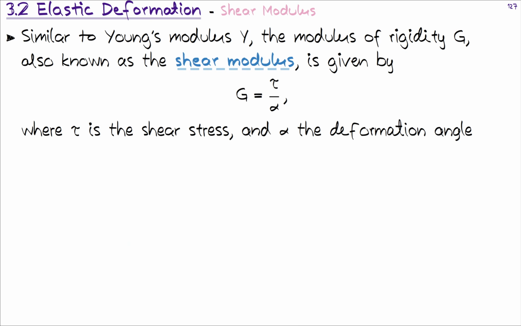This is due to the fact that usually we have very small angles in question, so the materials don't really shear that much when we are applying a shearing stress to them, so we can really speak of a few degrees or a lot less in terms of the deformation angle, and then we do not need to care whether it is a sine of alpha or just alpha.